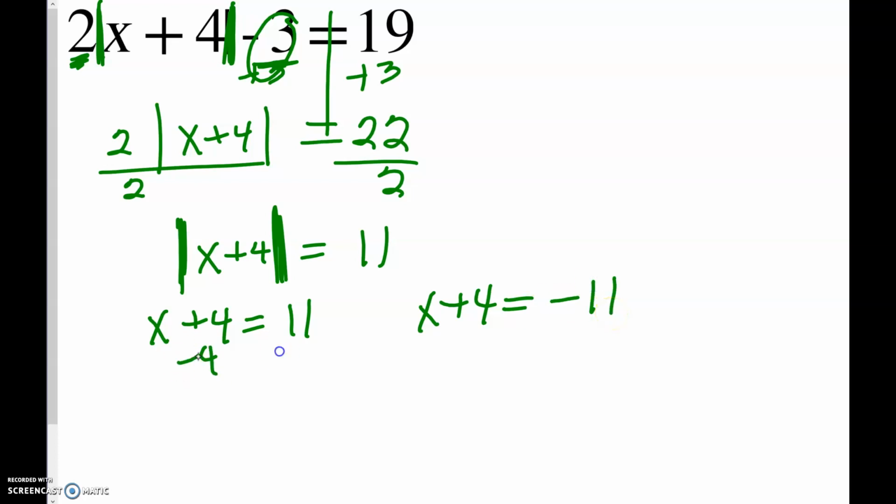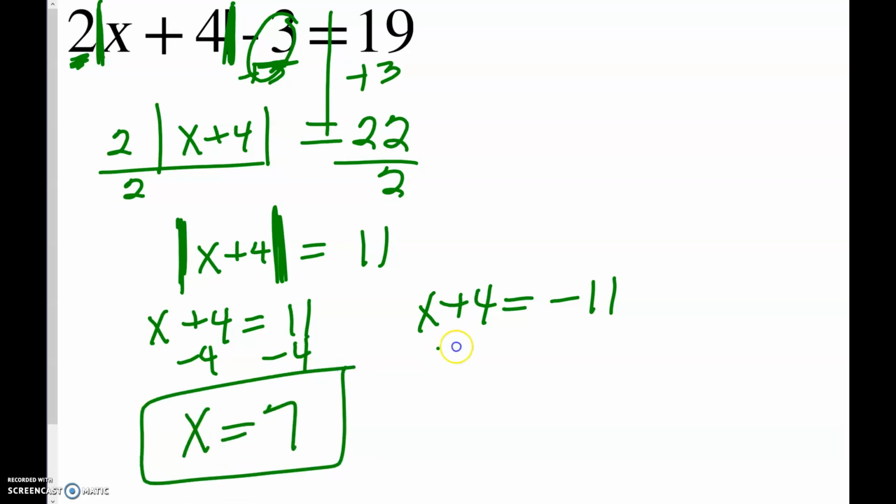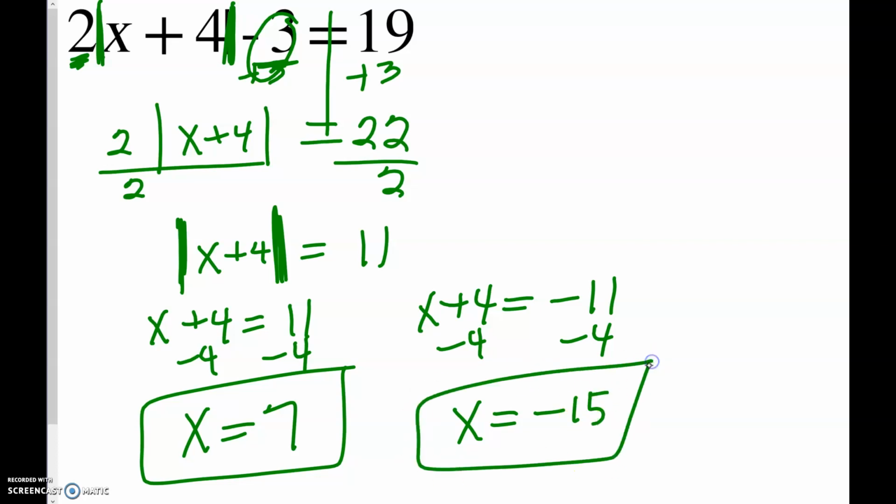So I'm going to subtract 4 from both sides. So it looks like I have x equals 7. Subtract 4. So it looks like I have x equals negative 15. So whenever we have a number in front and at the end, take care of your adding and subtracting first.